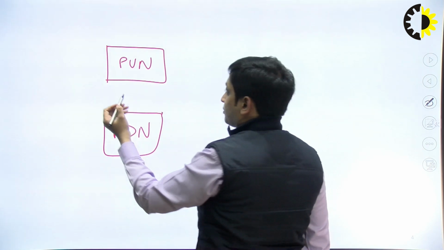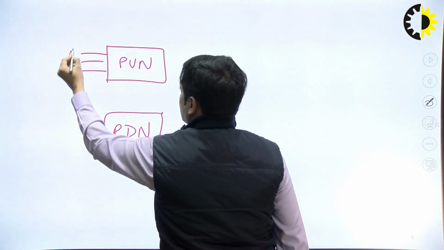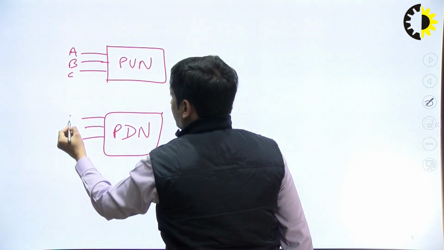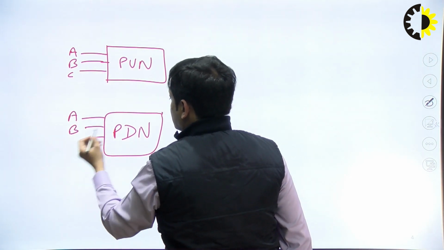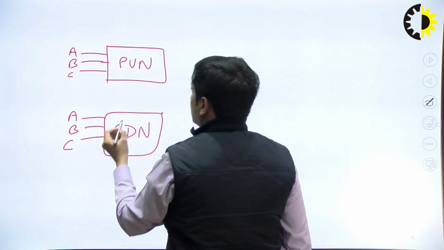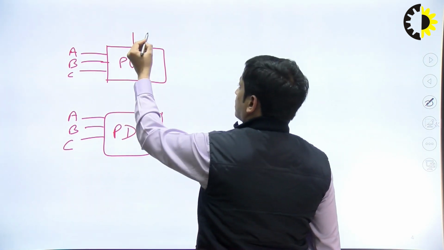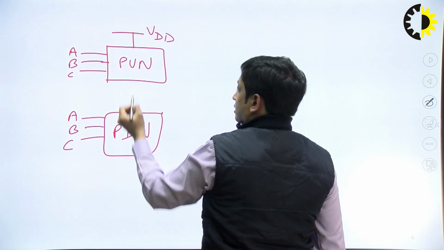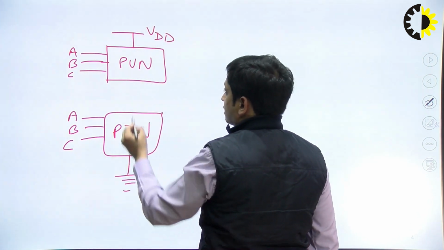If we take a 3 input circuit, let's say these inputs are A, B, C. These 3 inputs will also be applied at the NMOS transistors in the pull down network. The source of the pull up network will be connected to VDD, and this one is ground.